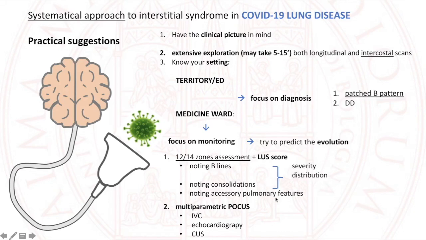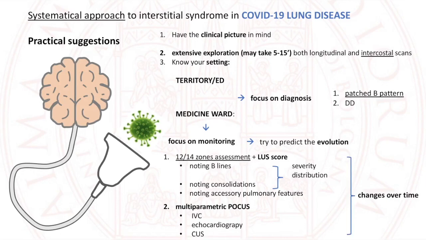And if there are any accessory pulmonary features, then if you can, use multiparametric point of care ultrasound, which means have a look at the inferior vena cava. If you can, use echocardiography to assess the heart function, and compression ultrasound may be also useful, since, as we know, there is some overlapping between COVID-19 and pulmonary embolism.